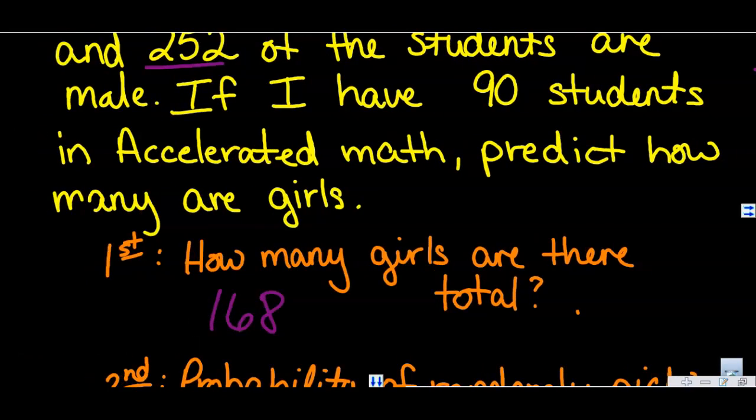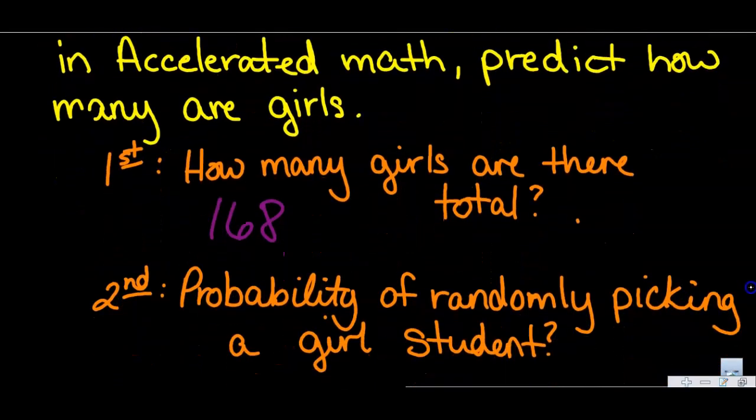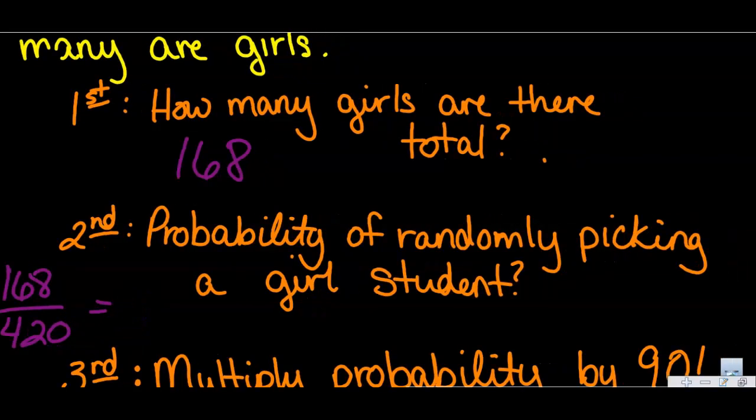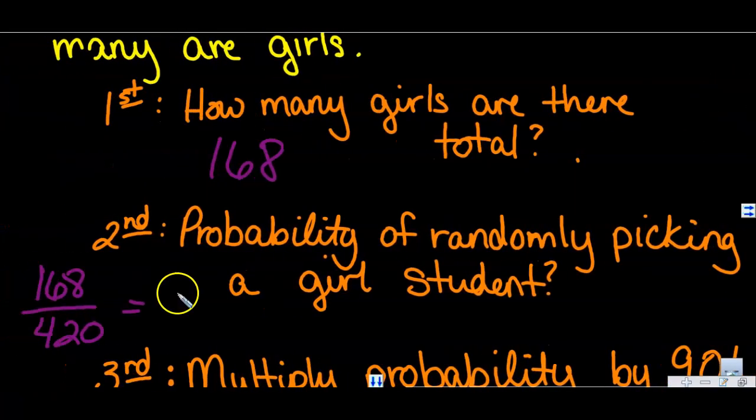Now that I know how many girls there are total in 7th grade, I can find the probability of randomly picking a girl student. There's 168 girls out of a total of 420. Once I simplify that, I get a probability of 2/5, or 40%. So 40% of the 7th graders are girls.